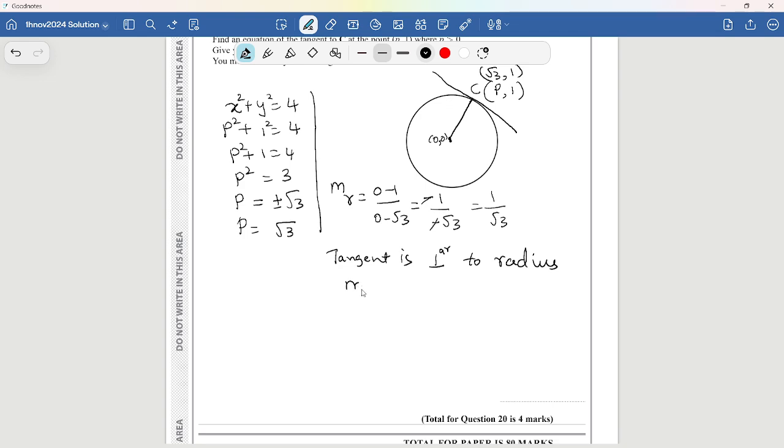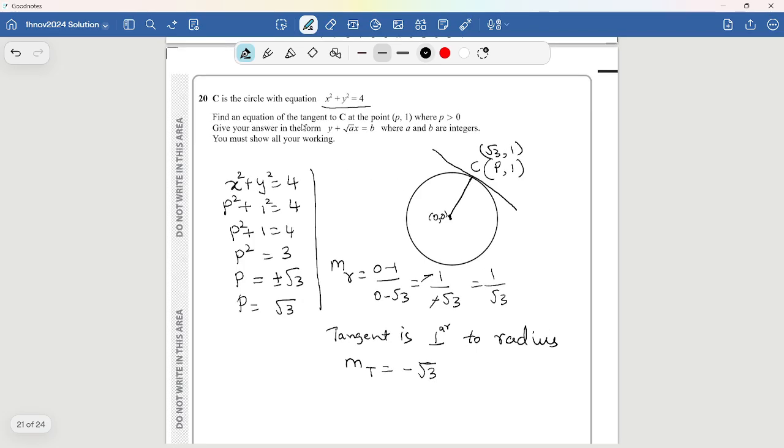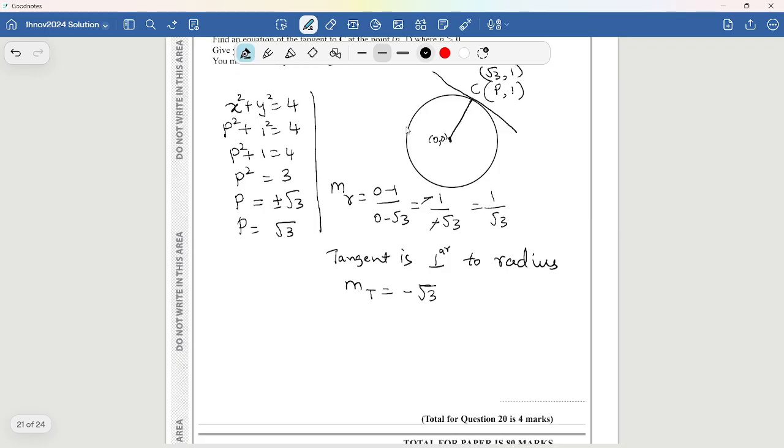So the slope of the tangent will be the negative reciprocal of this. The negative reciprocal of 1 over root 3 will be negative root 3 over 1, or just negative root 3. Now, it wants you to find the equation of the tangent which is passing through this point.